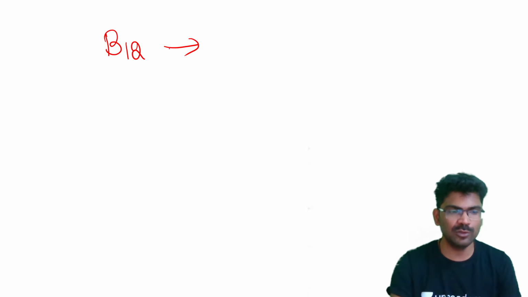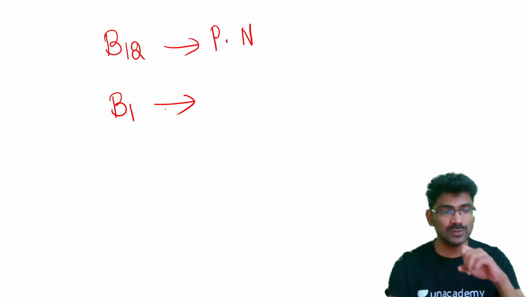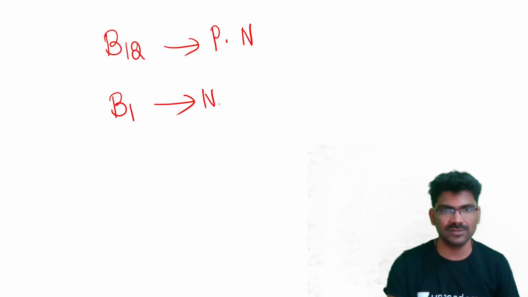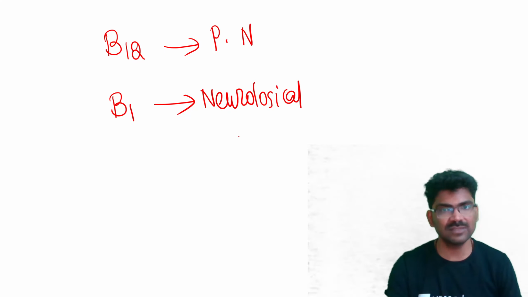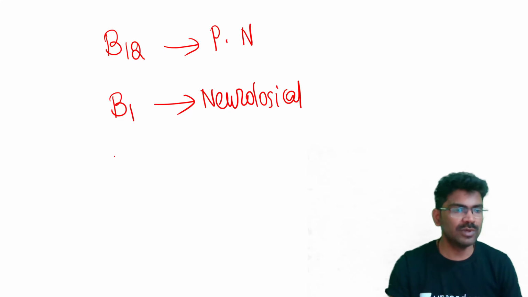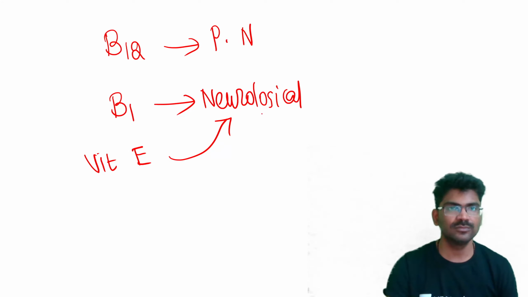See, B12 also causes peripheral neuropathy. Okay. What about B1? B1 will also have neurological manifestations, a CNS manifestation. You are all saying vitamin E. Deficiency of vitamin E will also cause CNS manifestation. Excellent.